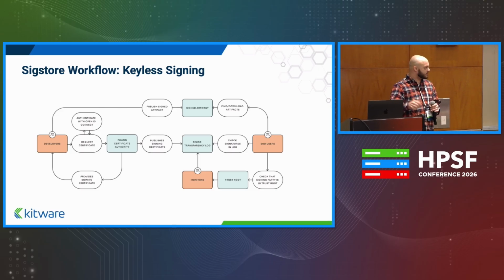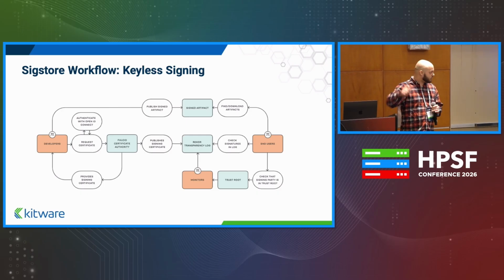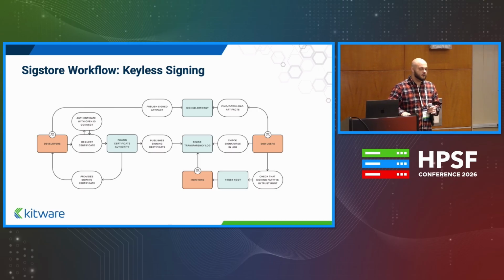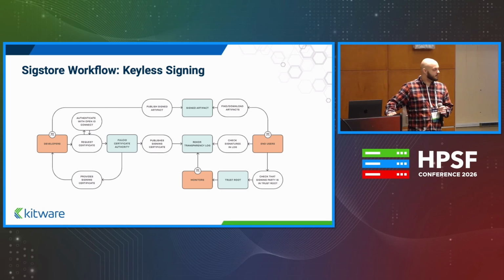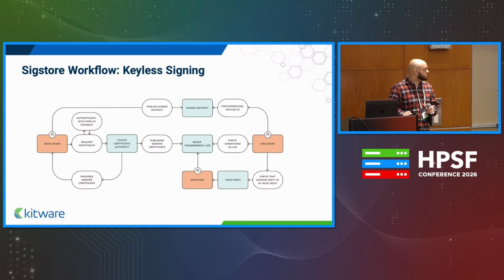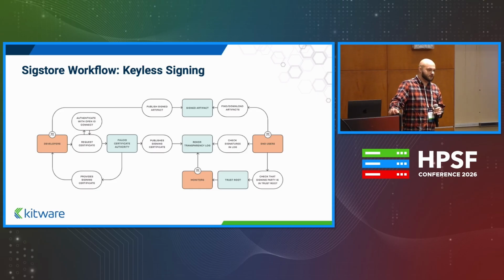And then on the user side, instead of going to a public key store, you query the transparency log, pull down the public key, the artifact checksum, and verify the artifact that you're downloading using the Cosign tool from Sigstore. So this is convenient because now we are getting around the problems of having to communicate revocation and key rotation.